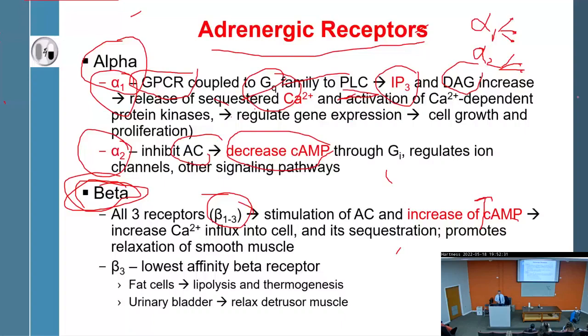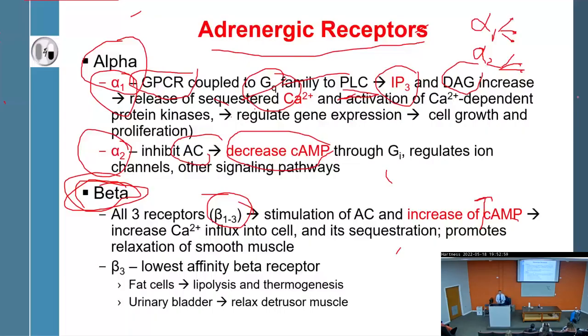But today we don't have pharmacological tools to interfere with subtypes of receptors, but we have pharmacological tools to activate and block alpha 1, alpha 2, beta 1, and beta 2 receptors. Okay? Some beta 1, some beta 2 more specific. Okay, so those are very briefly these adrenergic receptors.